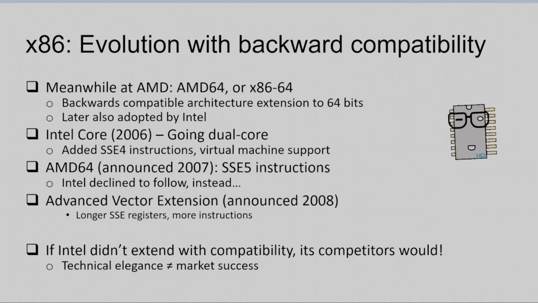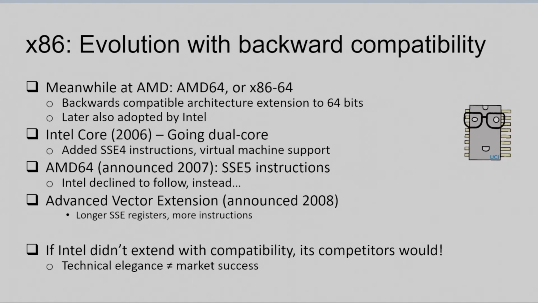Meanwhile, AMD was becoming a viable competitor to x86. They had good fab technologies at the time. They had good design teams. They were doing pretty well. While Intel was spending effort designing the EPIC architecture, AMD did a backwards compatible expansion of x86 to 64 bits.